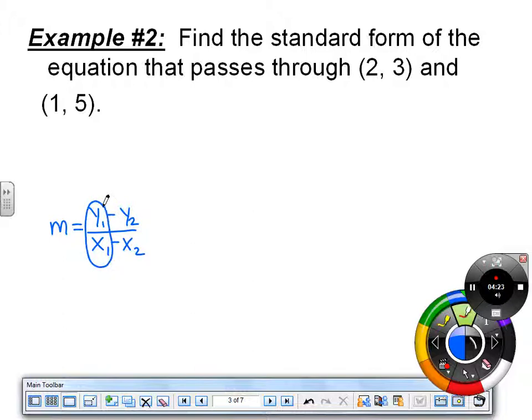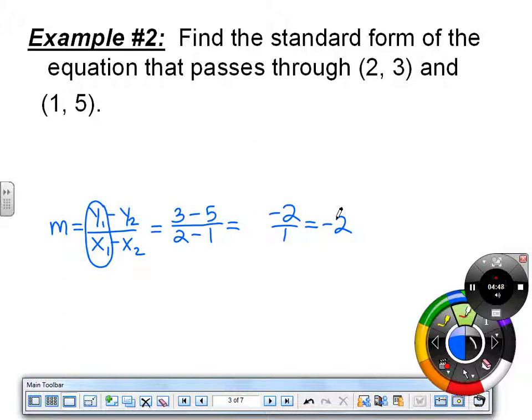They have to come from the same point. But as long as you use the same point each time you start the subtraction, you're fine. So let's say I use 3 as my first y value, and I subtract 5 from that. And then I need to then go use 2 as my first x value. And I'll subtract 1 from that. So this gives me -2 over 1, or a slope of -2.